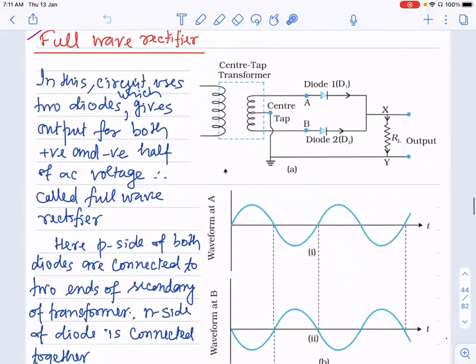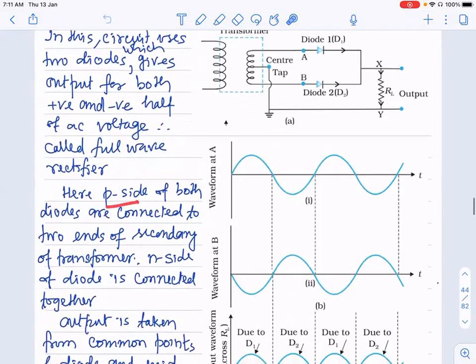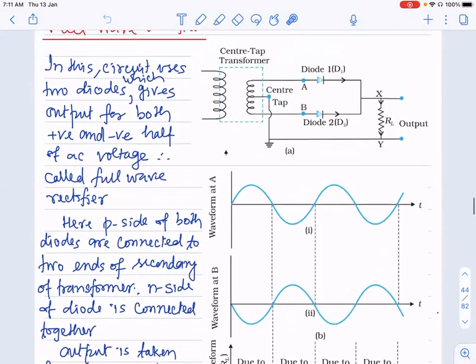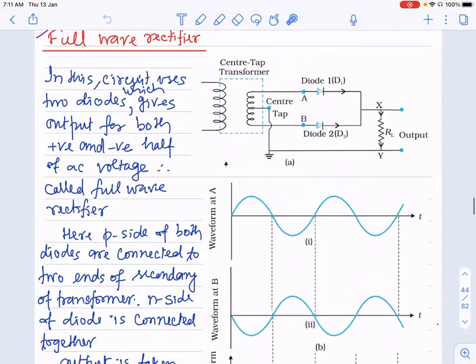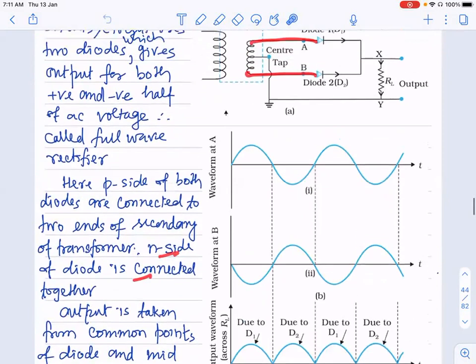तो ये जो मैंने explain किया, same thing is written here. This circuit uses two diodes, gives output for both the positive and negative half. दो diodes हैं, positive and negative half के लिए हमें supply मिल रही है. Therefore, it is called full wave rectifier. Each side of both the diodes are connected to the two ends of the secondary. दो ends में connected है secondary के, and N side is connected together.